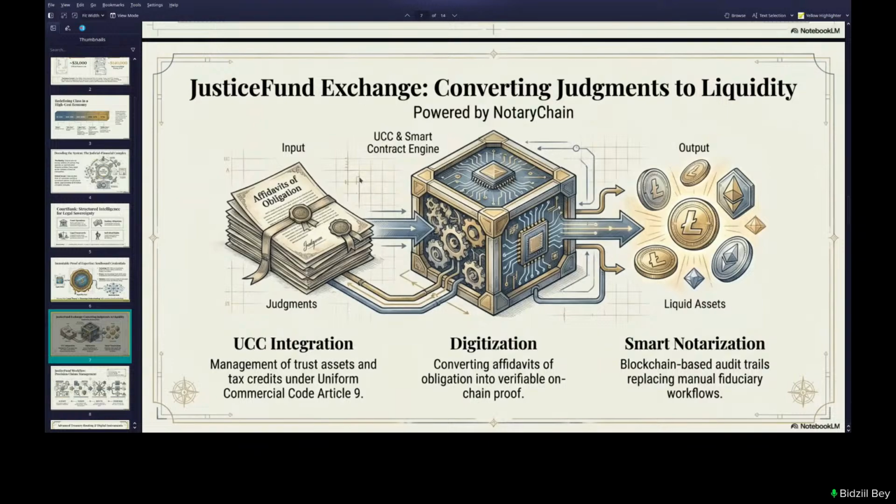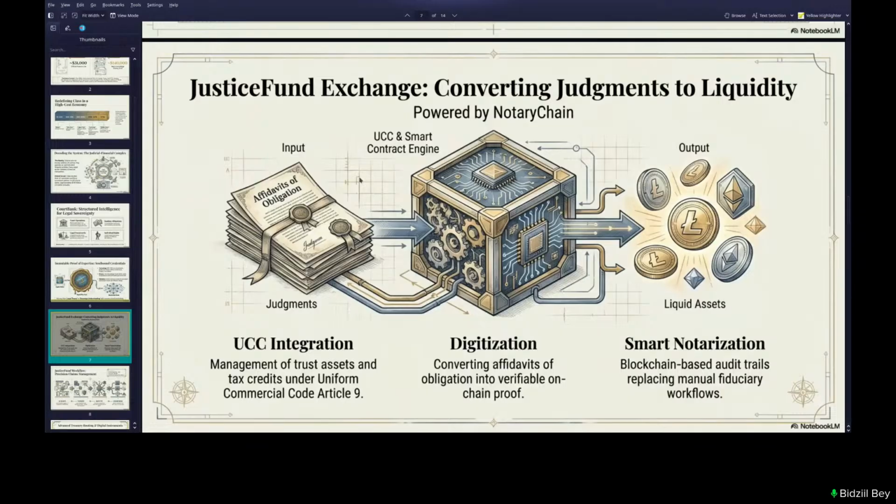That gap between the technological capability and the legacy infrastructure is exactly where JusticeFund Exchange, or JFE, steps in. It's a transformative platform designed to tackle the inherent risks of managing these high-value legal and financial instruments.